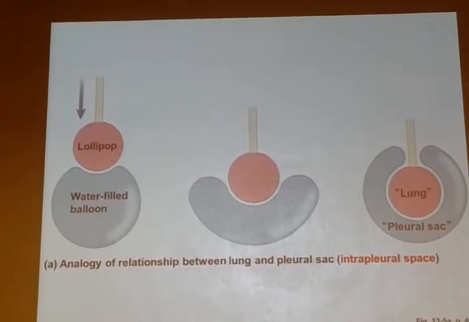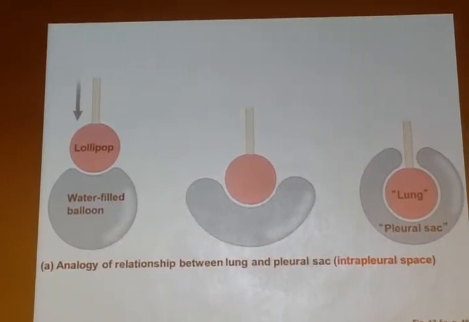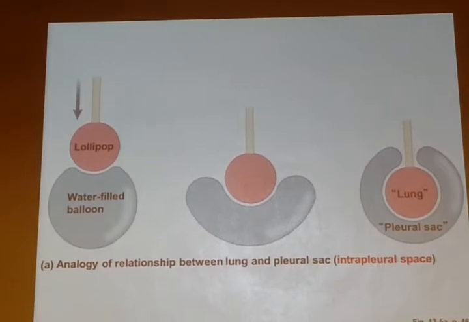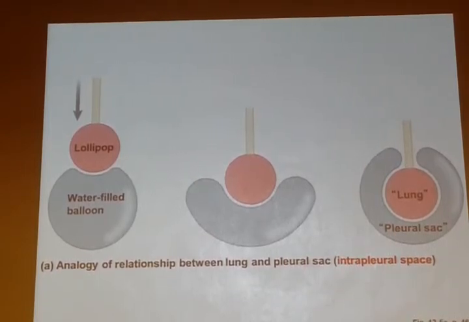And then you're going to have that water space that's going to be your pleural cavity, and then this outer surface of the water balloon, which will actually be attached to your chest wall. So that's their analogy for the relationship between the lungs and the pleura and the pleural cavity.